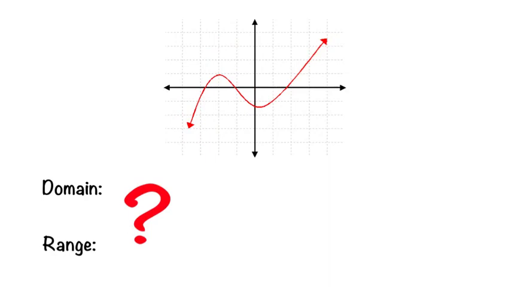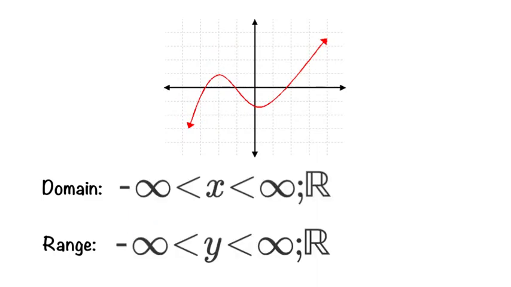So the domain and range are both going to be all real numbers. Notice again, I put the answer in the form of a compound inequality or with the script R. Same thing for the range with the y values, a compound inequality or script R. No lines underneath the inequality signs.